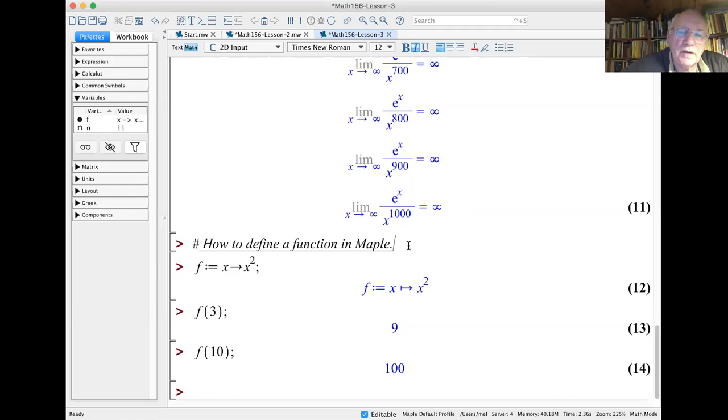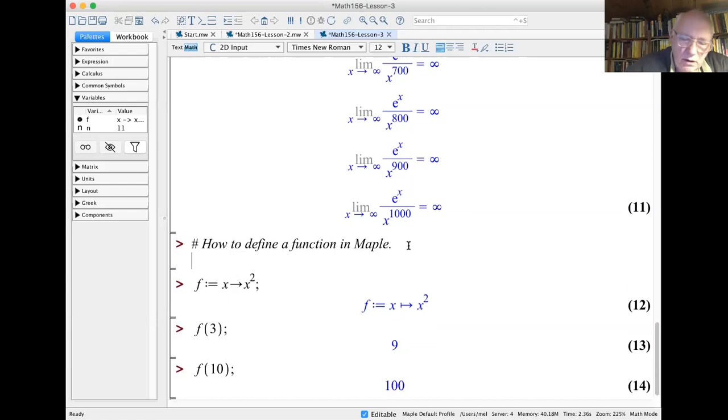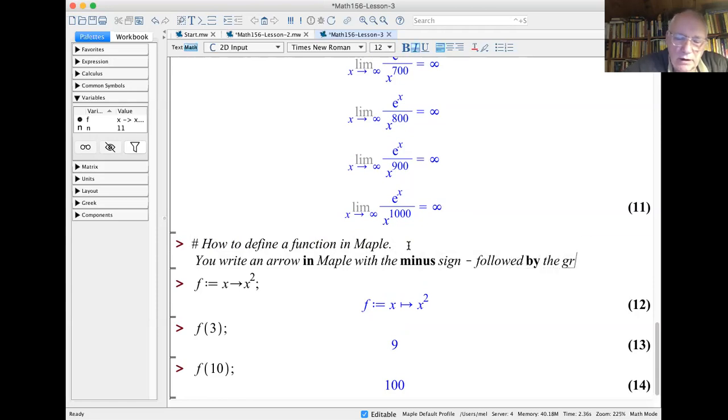So you write an arrow in Maple with the minus sign, that's the minus sign, followed by the greater than sign.